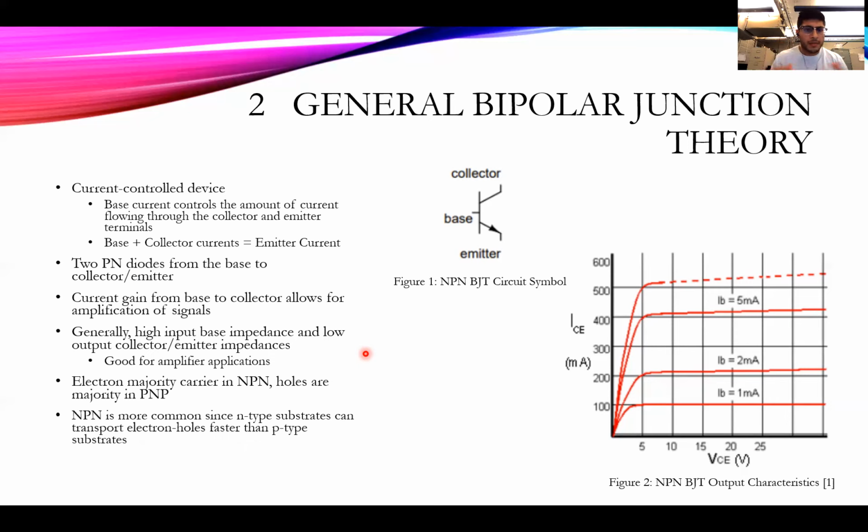The final thing I wanted to mention is NPN HBTs and BJTs are more common than PNPs because N-type substrates allow electrons to transport faster than P-type substrates allow holes. This is particularly useful in switching applications, and in the frequency domain, it translates to higher transition frequencies.